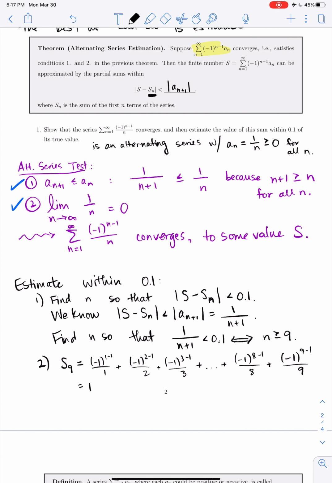The first one reduces to 1, the second one reduces to negative 1/2, the third one reduces to positive 1/3, and here are the terms that I did not write out above. And then we've got a negative 1/8 plus positive 1/9.